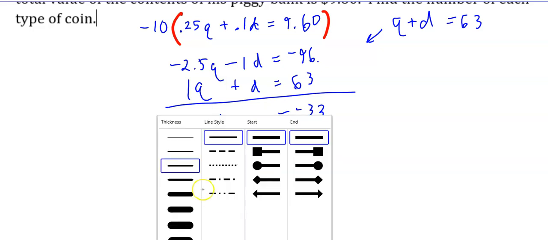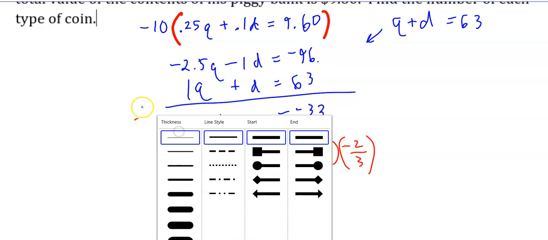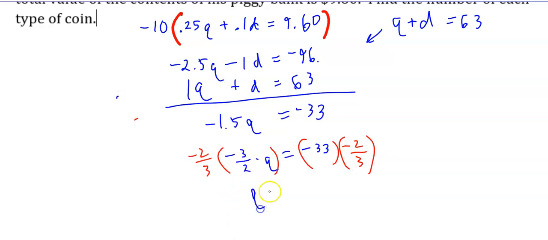So if I multiply both sides by the reciprocal, negative 2/3, you get q equals, and the 3's cancel, negative 11 and 1 there, so you get positive 22. I'm glad I got a positive number. You have 22 quarters. If they add up to 63, minus 22, this would be 41, and we have 41 dimes. You can always work that out, make sure it works.